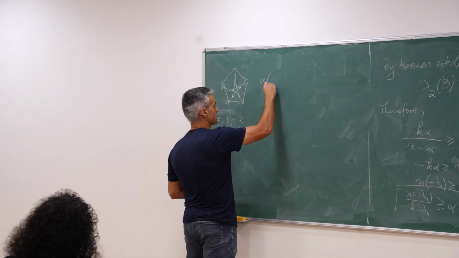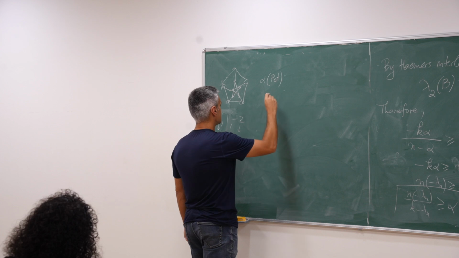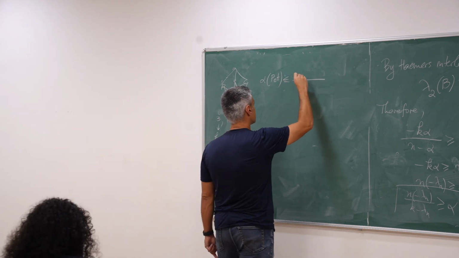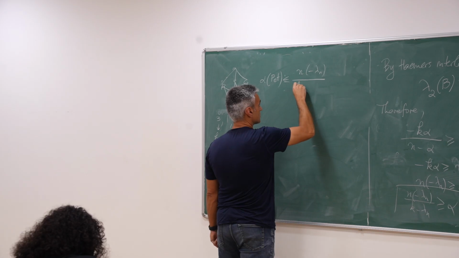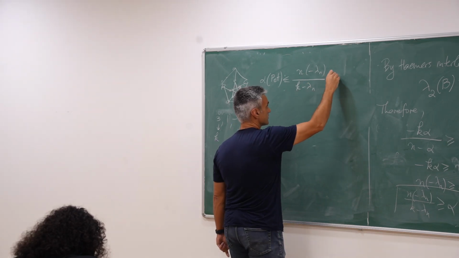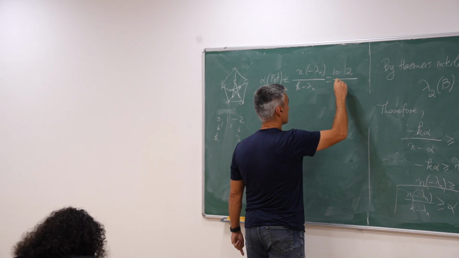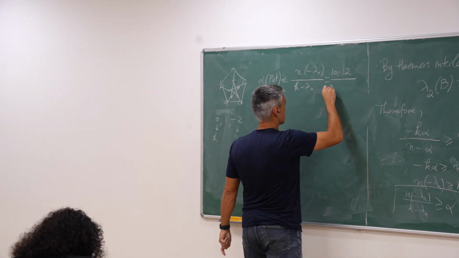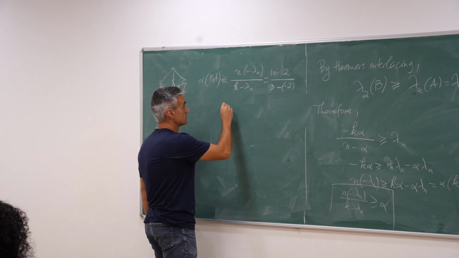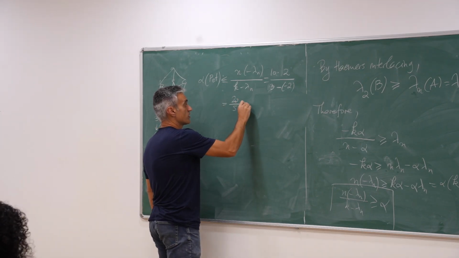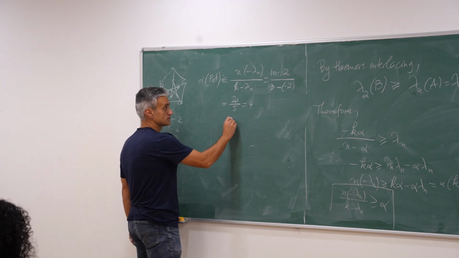So you say alpha of Petersen, let's call it that, is less than or equal to, you first rewrite this, n minus lambda n over k minus lambda n, and then it's 10 times 2, over k, which is 3, minus minus 2. So you get 20 over 5, which is 4.